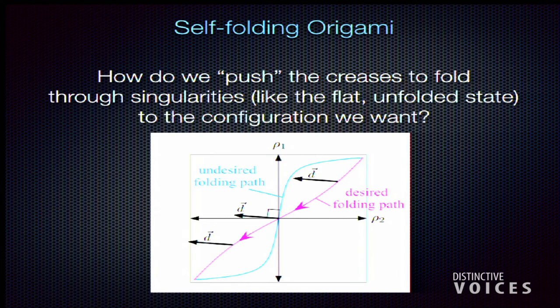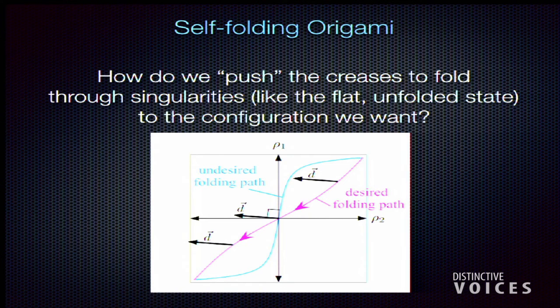If I want to be able to not go down the blue path, but to continue along the pink path here, then I want my force vector to be at right angles to the blue curve, right? Because if it's at right angles, and this is the direction that these folding angles are being pushed, then there's no way it'll go down either up or down the blue path, because it's like kind of going perpendicular to them. The force will not take it down there. It'll still instead take it down the path I want.